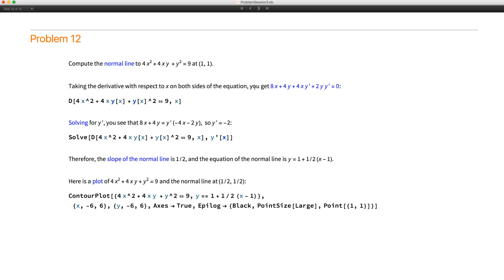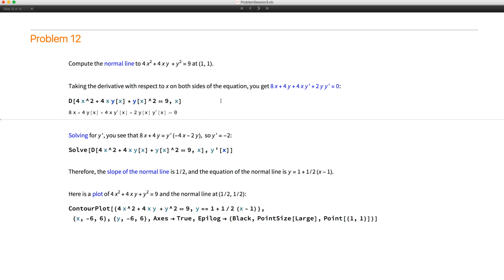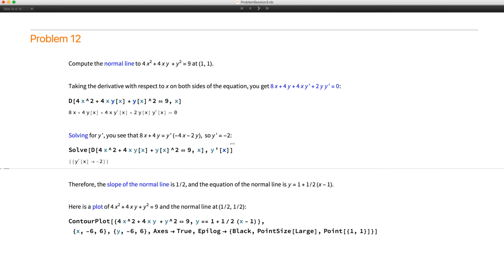So if you find derivative over here, you get 8x plus 4y plus 4xy prime. That's from this middle term over here, plus 2y times y prime equal to 0. Check with D. Solve for y prime. And you notice that you get back just -2. And we'll see why that's the case in a minute.